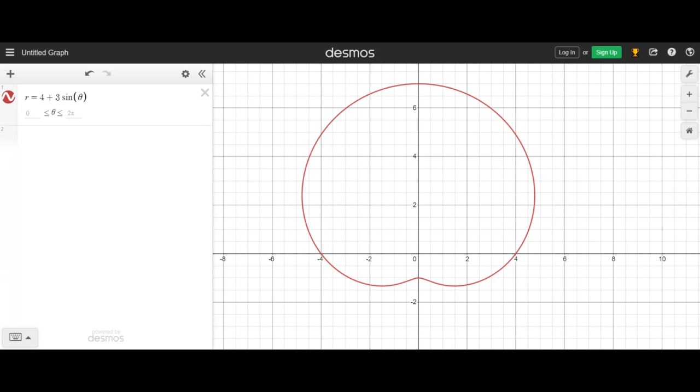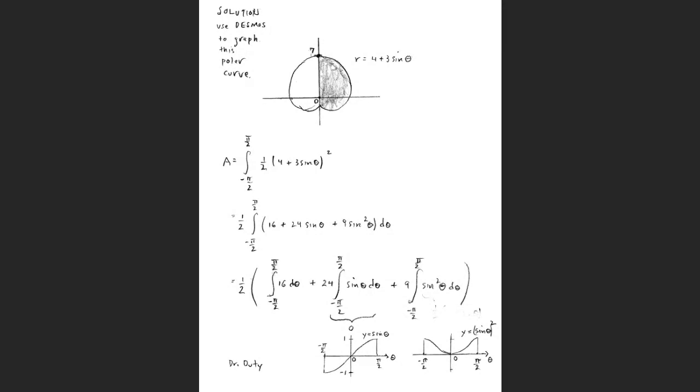Okay. Well, here's our picture. I can label one polar coordinate here.